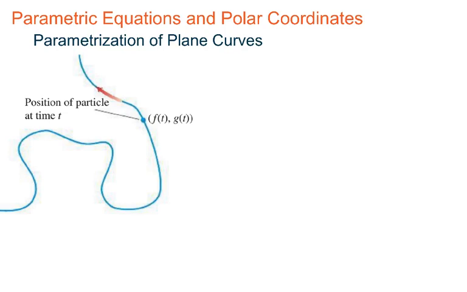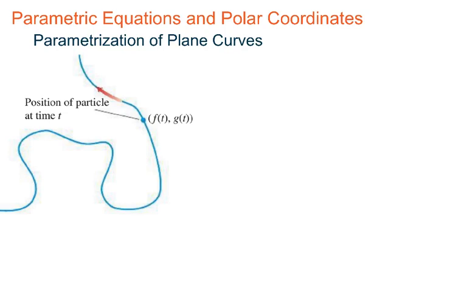When studying motion, as we will be in most of these problems, the t value is going to denote time. Okay, so we're going to have two equations, an x and a y equation, which represent our parametric equations, and they're going to help us build our parametric curve.